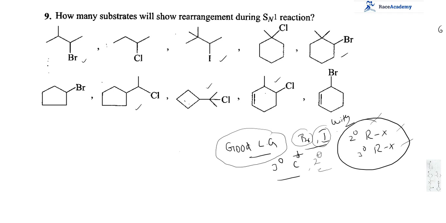Such cases we have: the bromine here is there, one iodine case is there, and this compound is there. Like that, a total of 6 compounds are said to give this reaction.